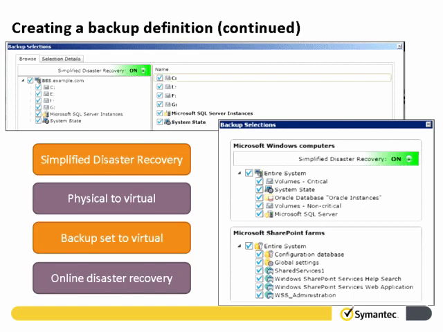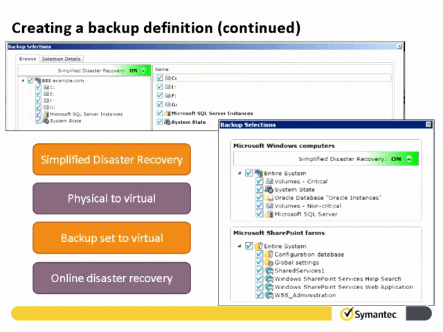That means that I need to check the boxes at the highest level possible, and then if I want to exclude something, drill down into it and exclude it at a lower level to maintain my dynamic inclusion. On the right, you see backup selections if I have selected multiple computers. So if I had selected a group of computers, it will show me the selections for all of those.